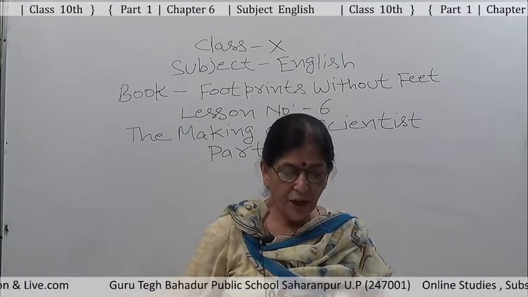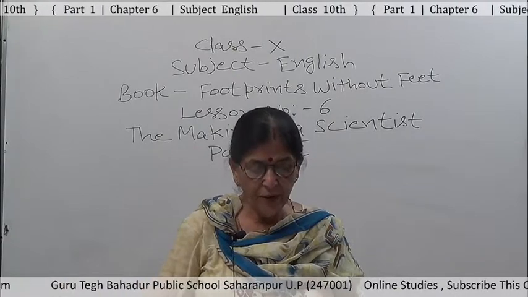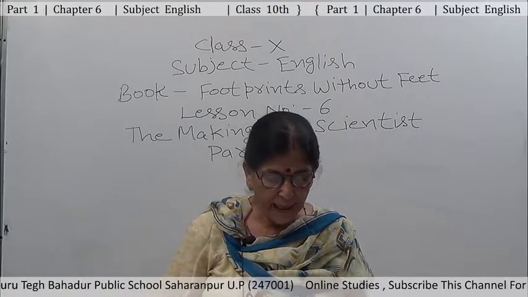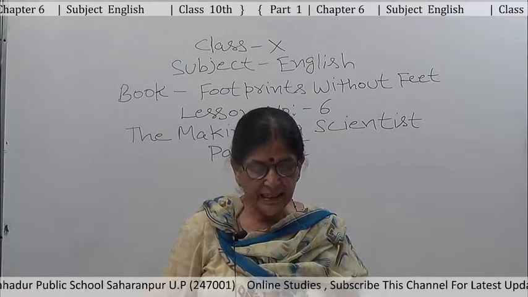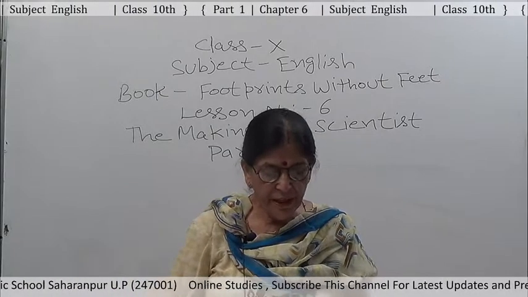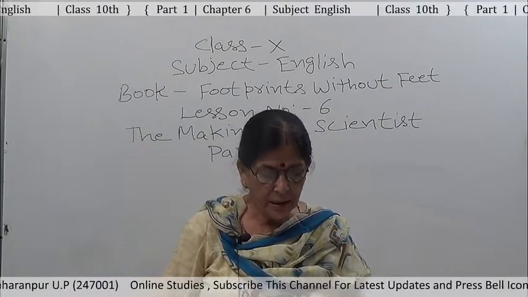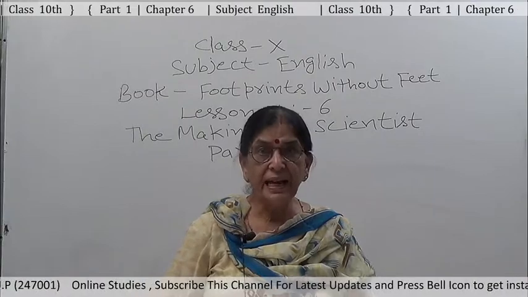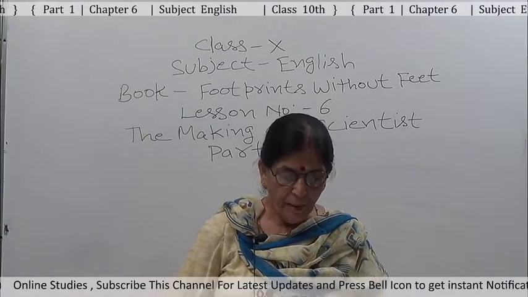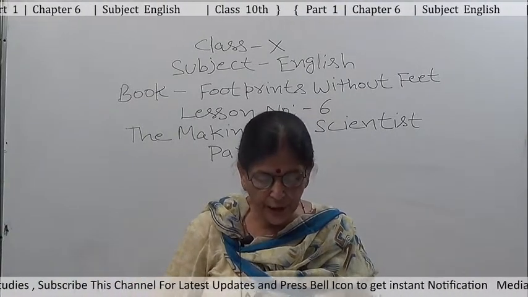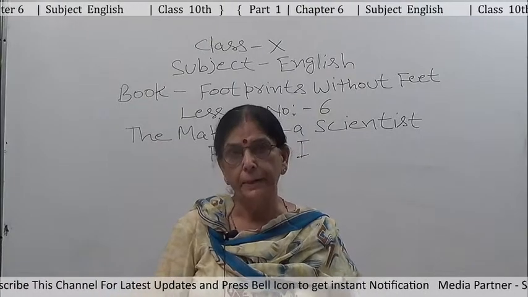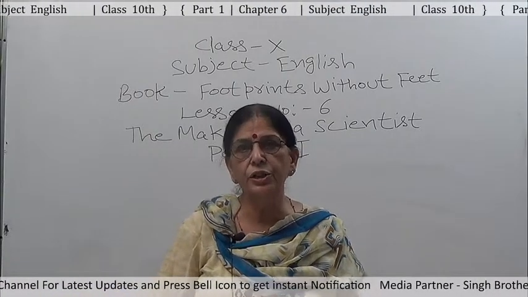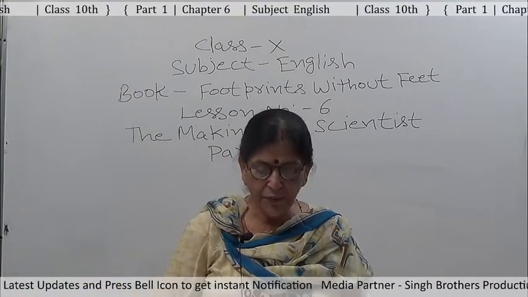At the age of 22, a former scout of the year excited the scientific world with a new theory on how cells work. Cells means microscopic unit of living matter. In Hindi you call it koshika. So, how cells work.